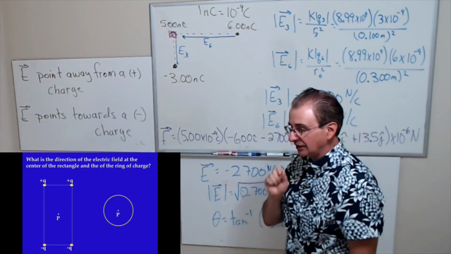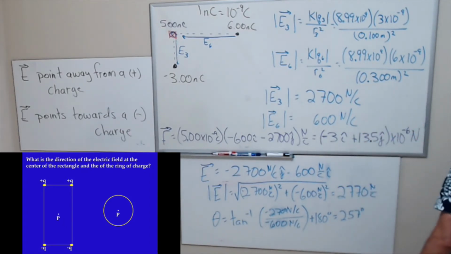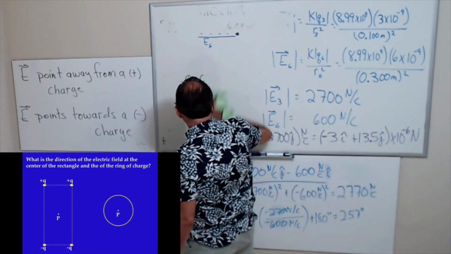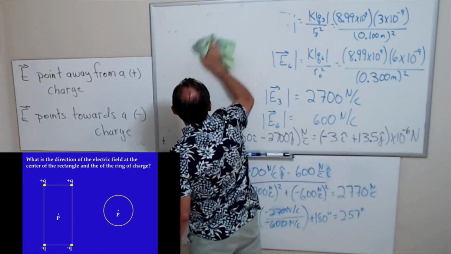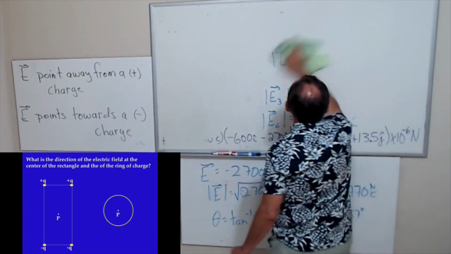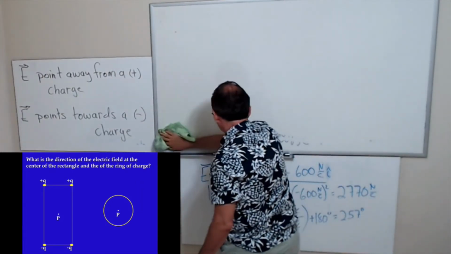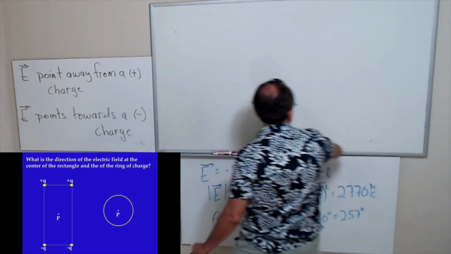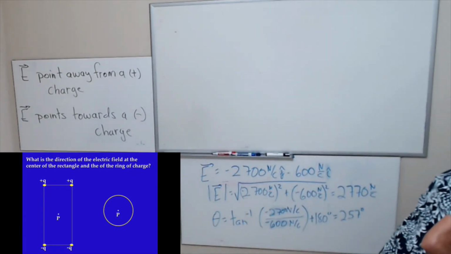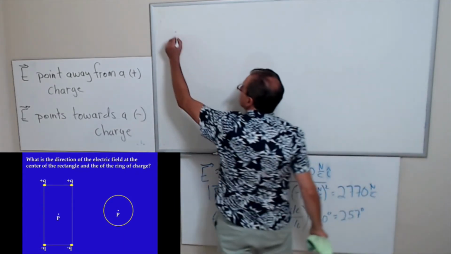I really don't want to calculate. I want to look at the electric field at point P for that rectangular charge distribution. So I have, let me get a better marker, a positive charge.